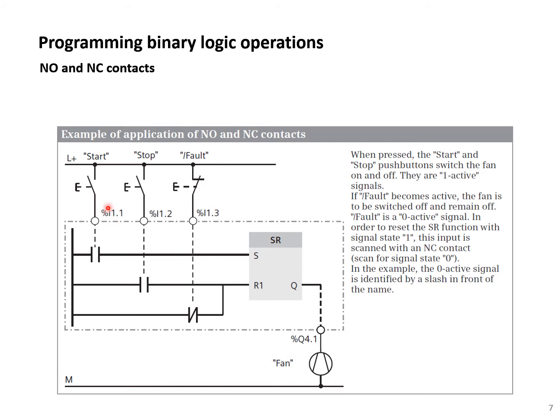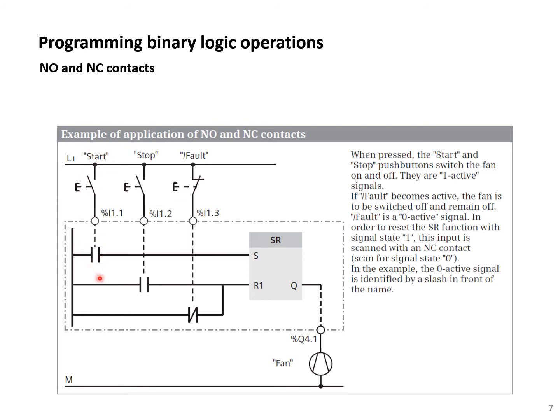So I represents input and 1.1 is just the address of this switch, or a binary in the memory. So we have one contact which represents this start button.